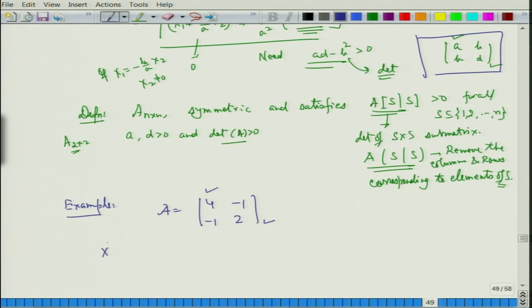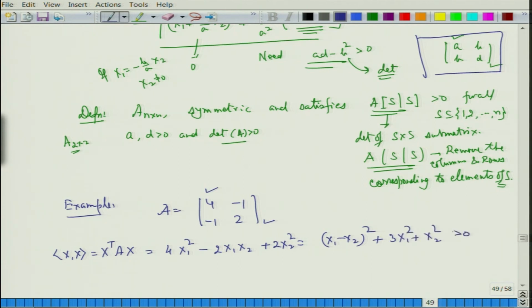So if I look at x transpose AX, which is going to look like 4 times x1 square minus 2 times x1 x2, minus 2 times x1 x2 plus 2 x2 square, which is the same as (x1 minus x2) whole square plus 3 x1 square plus x2 square.